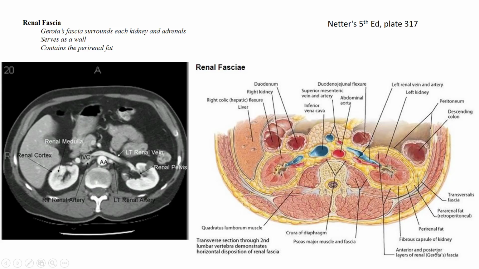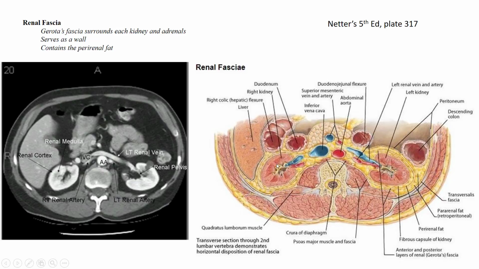Here we can see some axial views that are at the same level, and you get a good idea of how the structures lie and the vasculature as well as the peritoneum. You can see the parietal peritoneum here running across the front of the anterior portion of the descending colon, anterior to the kidneys, anterior to the duodenal flexure, anterior to the pancreas.